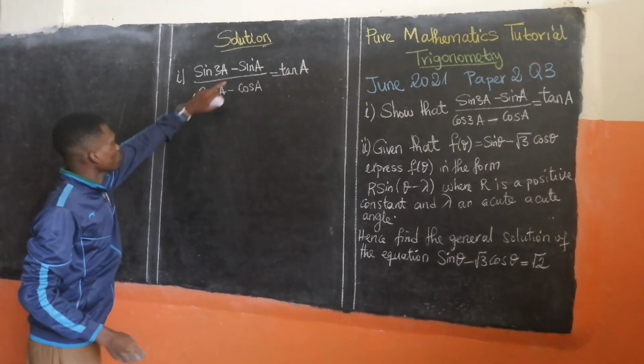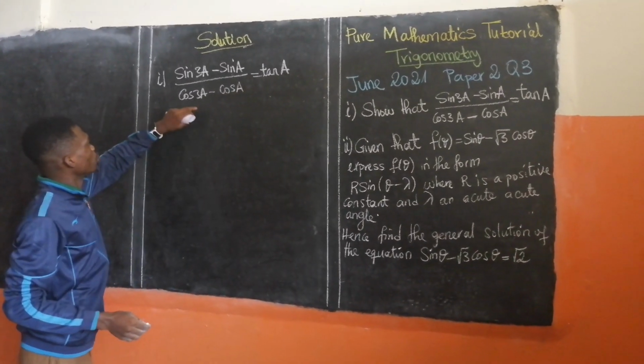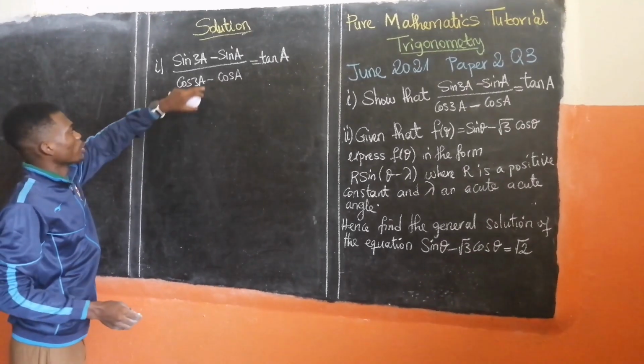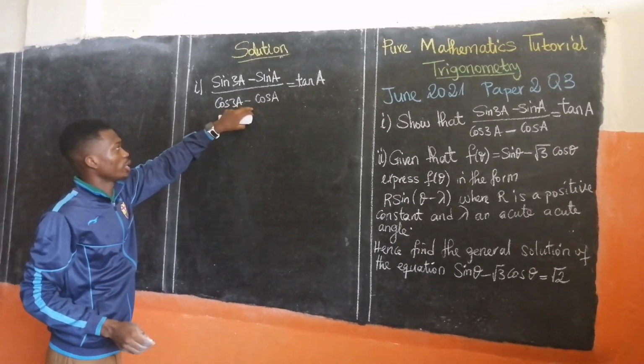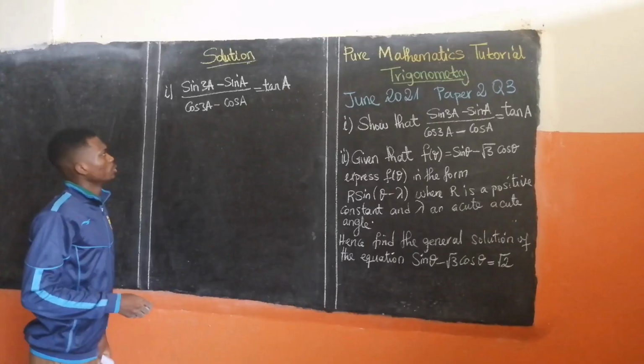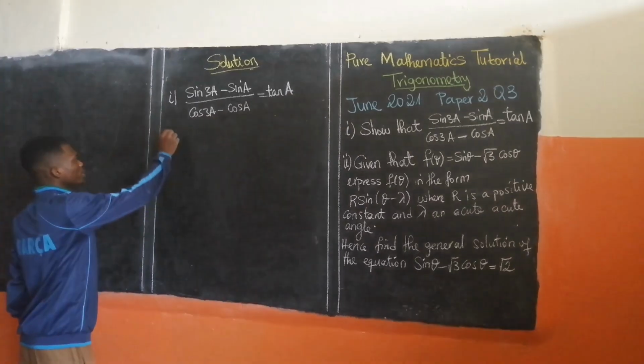So we need to think of what we can do to show that the left hand side is equal to the right hand side. I'm going to work with the left hand side and make sure it gives us tan a. To resolve this problem, we can think of this identity.